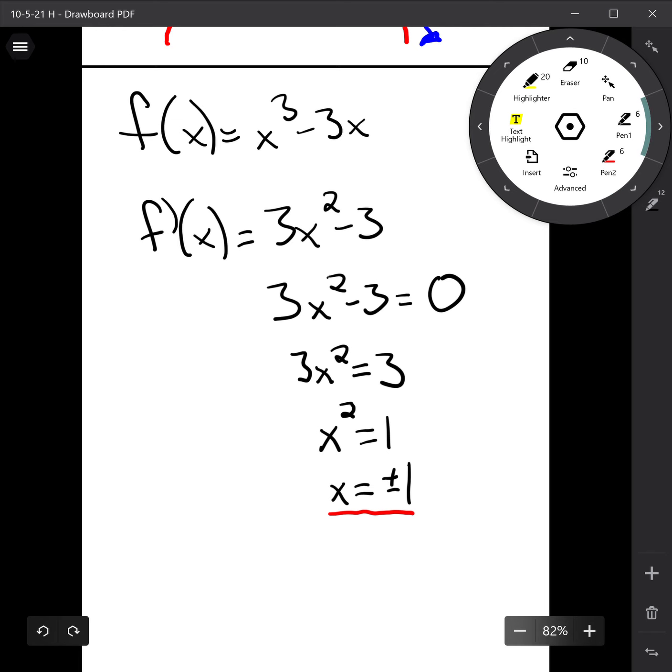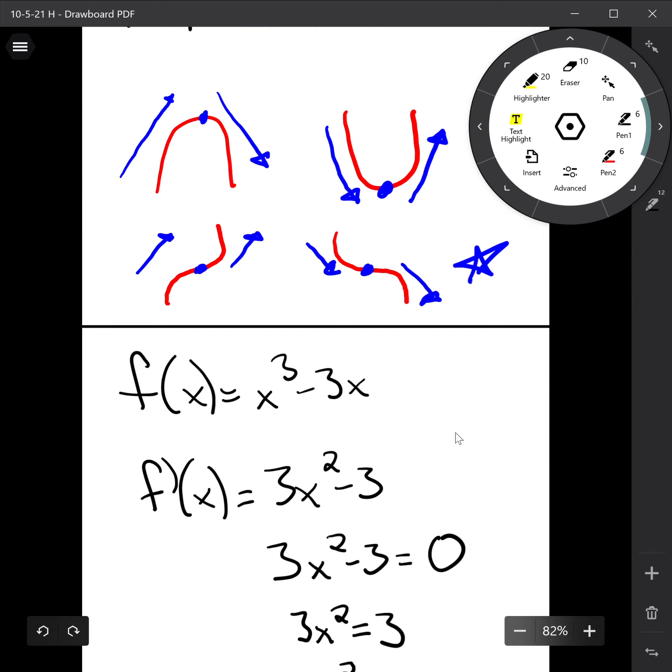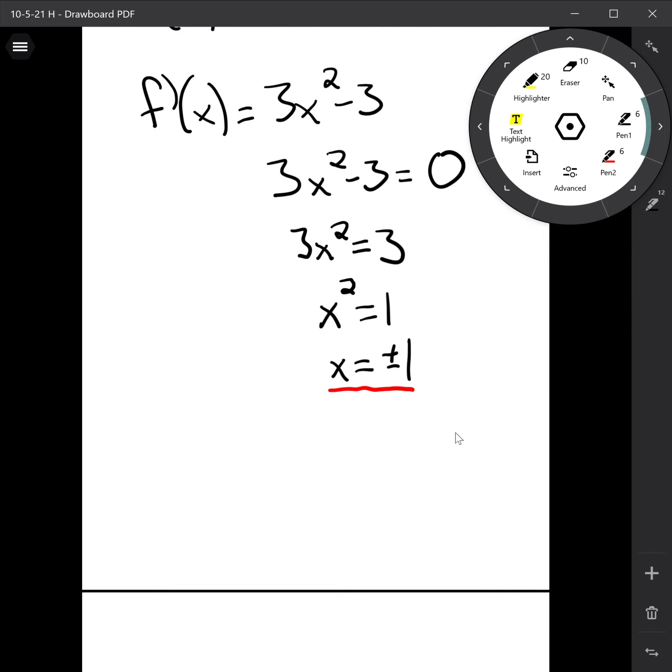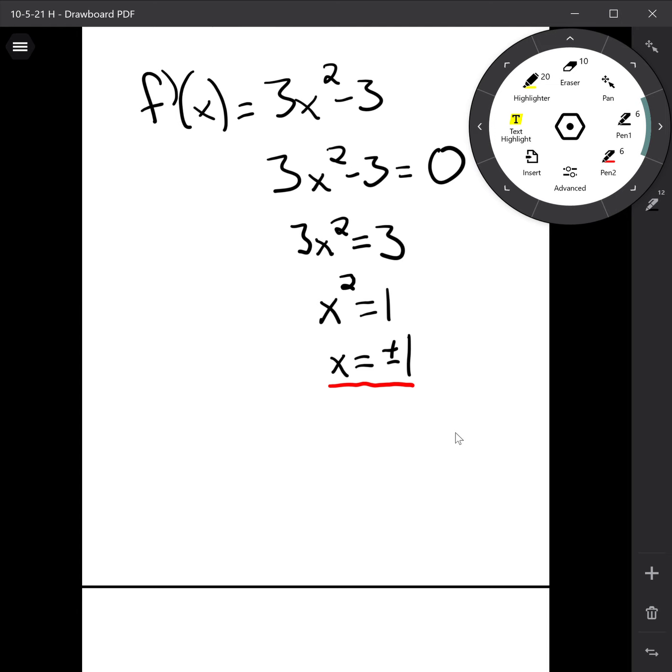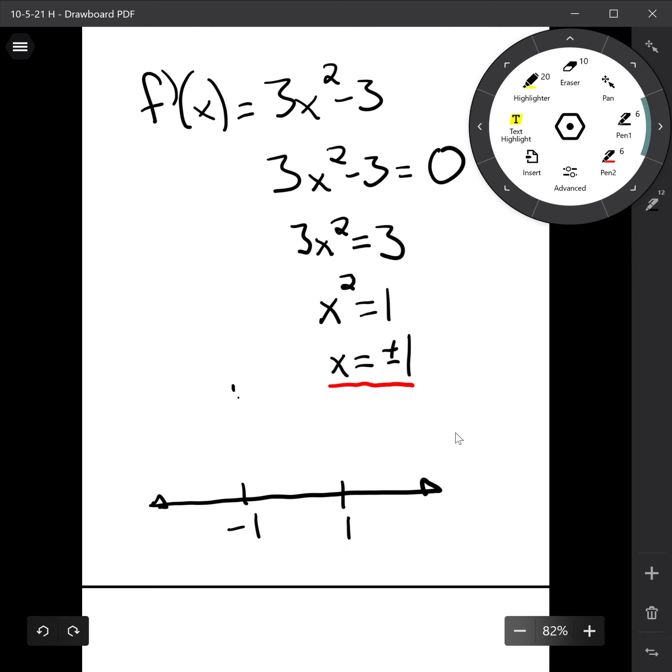In my head, what I should be thinking is that plus minus 1 are potential mins and maxes. So these are my blue points up here, plus or minus 1. Great, now we go to a number line. Throw up all your critical points on the number line, so -1 and +1. I like to draw little borders. I guess I'll do it solid because my drawboard app doesn't do great with dotted lines.